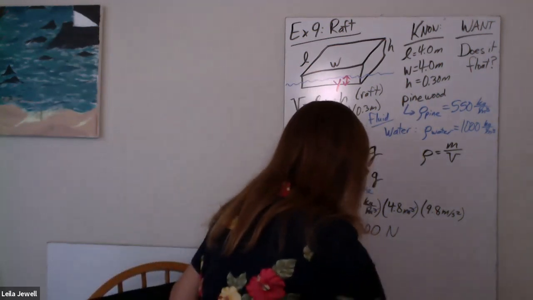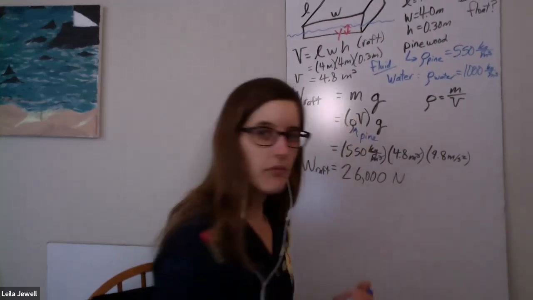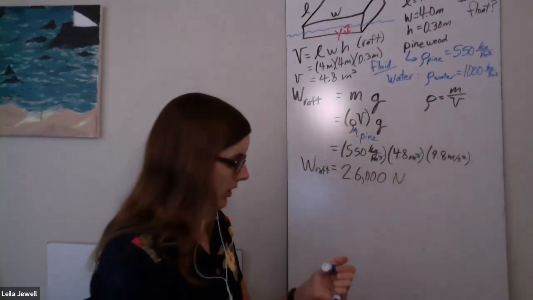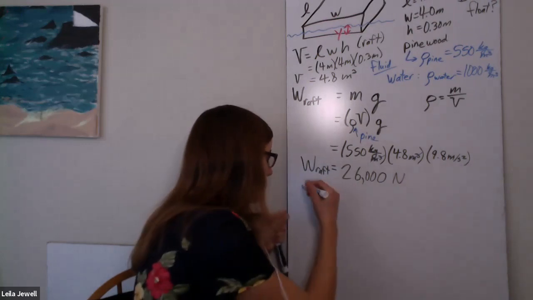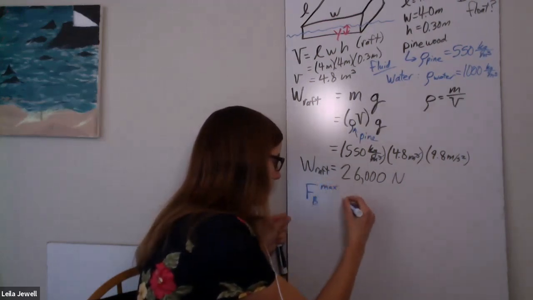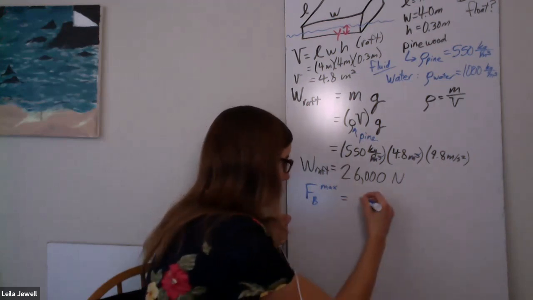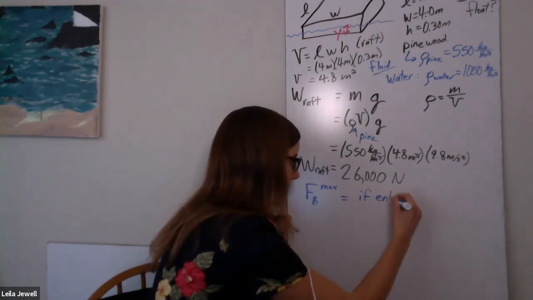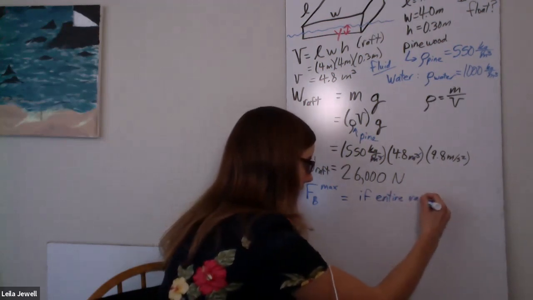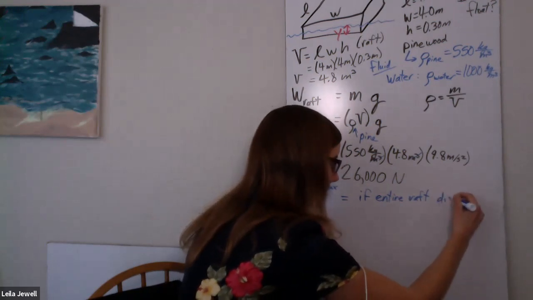So let's move this up a touch. There we go. So FB max is equal to, if entire raft is displacing water.